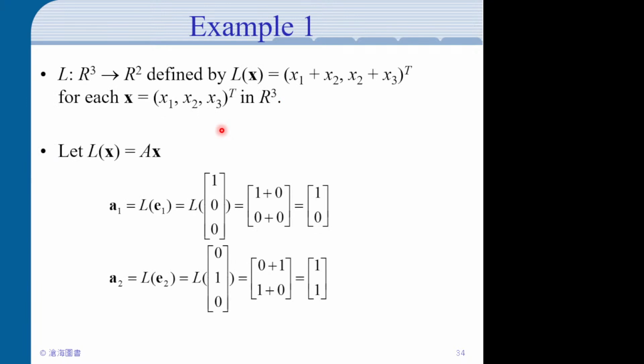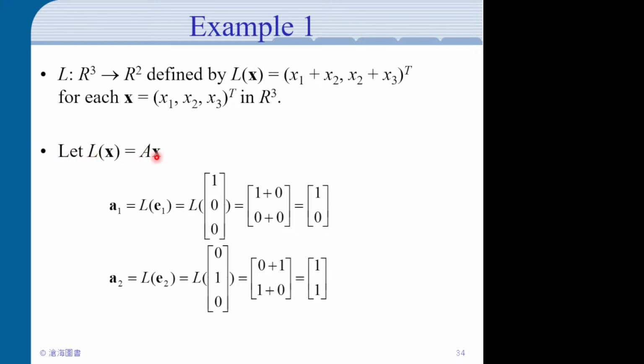a few more concrete examples. So we have R3 to R2, and actually we have seen this before. We have 3 dimensions to 2 dimensions, defined by first component x1 plus x2, and second component x2 plus x3. Oh, actually we already found this, but anyway, we do this slowly.